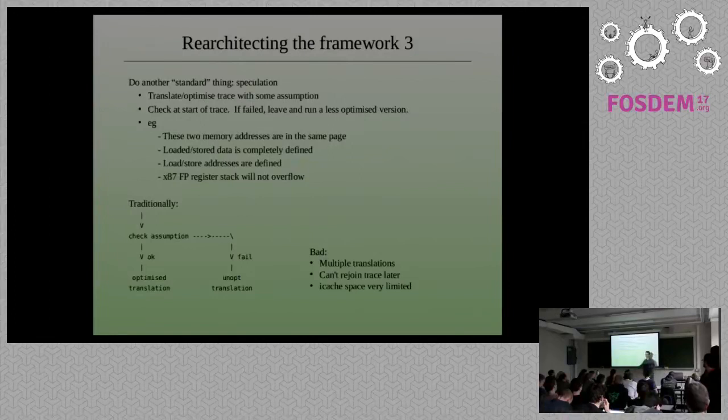Or on the x87 simulation, you have all this nasty stuff with the register stack, and you know, it's never actually going to underflow or overflow because that would be a compiler bug, but you still need to handle that case. So the traditional way to do speculation is you generate code which checks your assumption, and if it doesn't hold, then you go off to some less optimized translation. Otherwise, you go on the fast path.